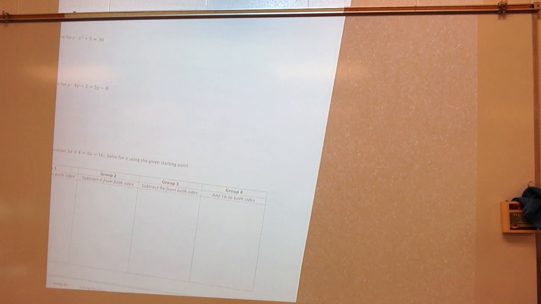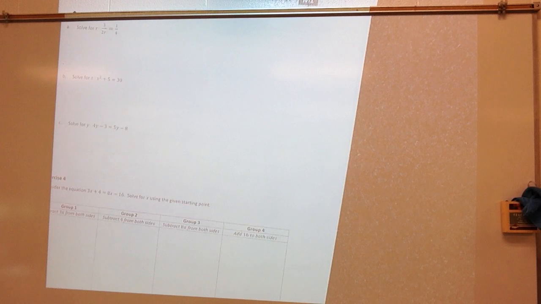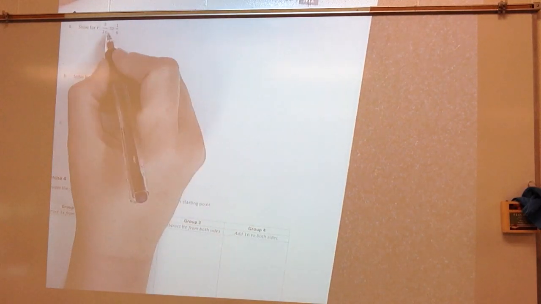Let's talk about what happens when we have something that looks like this. So I can do a couple of different things here. The simplest way for you to do this is to cross multiply.